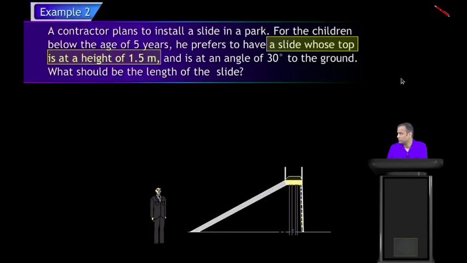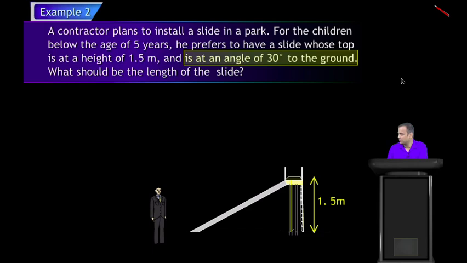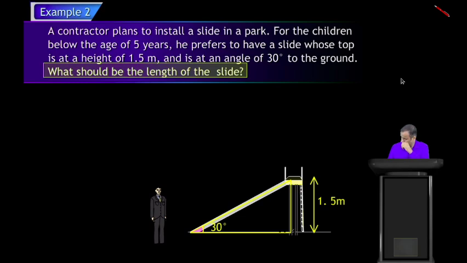A slide whose top is at a height of 1.5 meter. So this is the height of 1.5 meter. Again at an angle of 30 degree to the ground. So this is angle of 30 degree. Now we have to find the length of the slide.